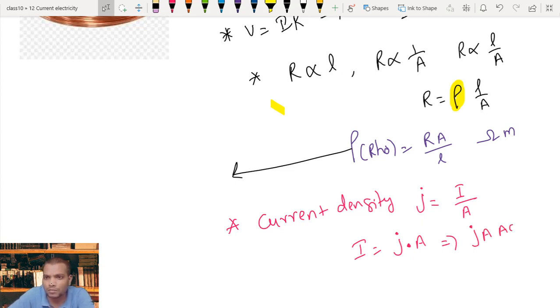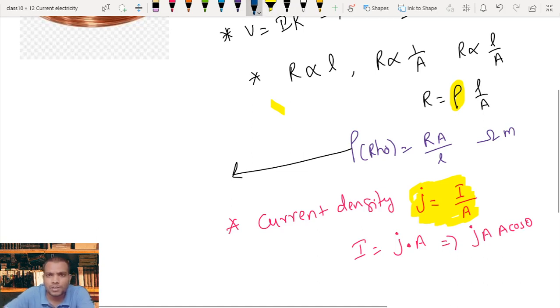J is defined as current per unit cross-sectional area. The units of current density are ampere per meter squared.